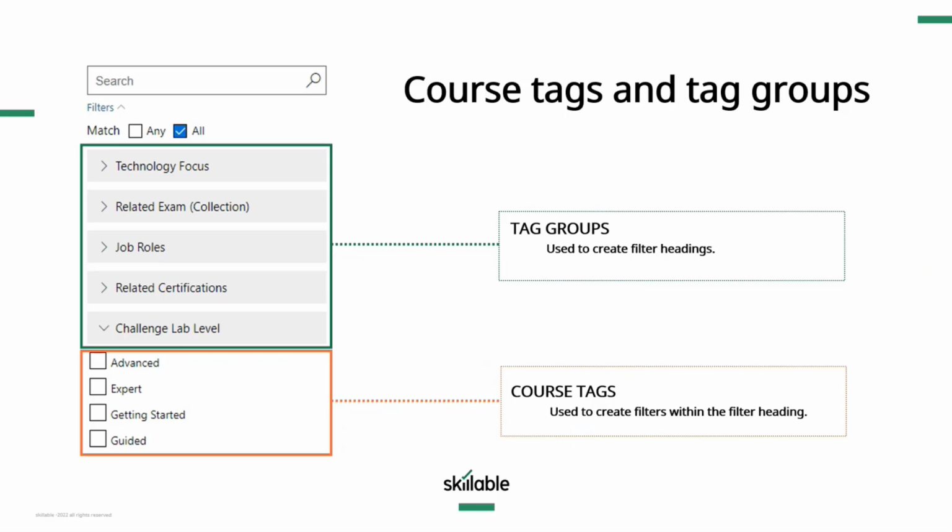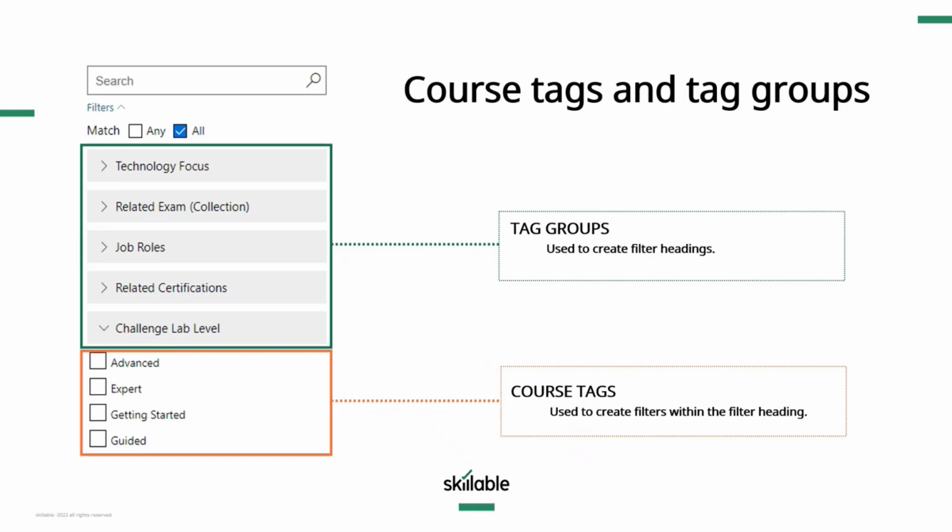For example, I want to take all the challenge labs, but I'm brand new and I've never done any labs before, so I want to go for the guided. I click on guided, and now it shows me all of the courses I can take that are guided. That's a really great way to help your learners narrow in on their specific courses.